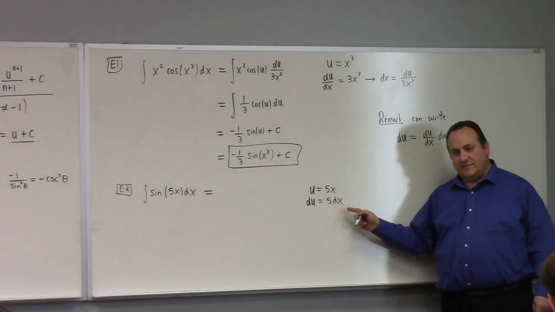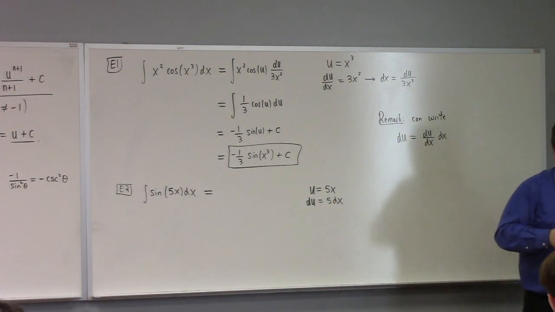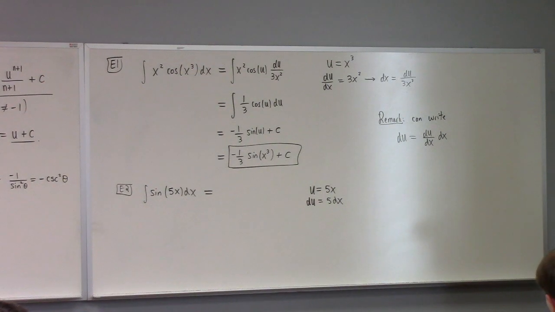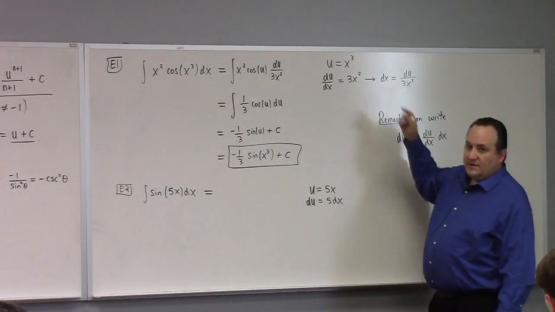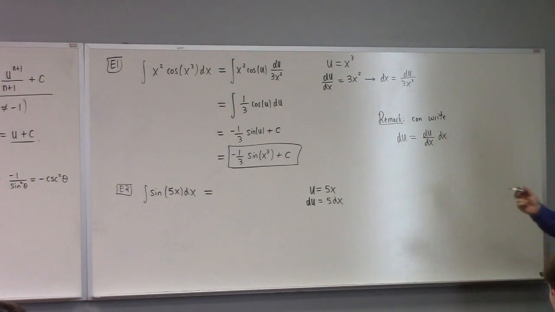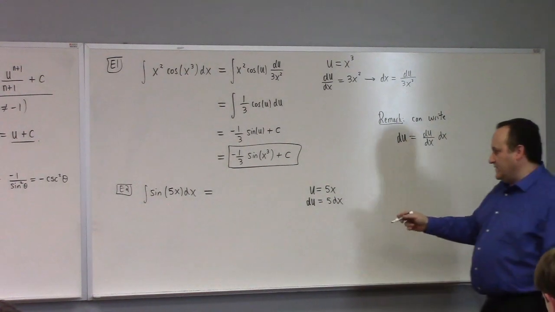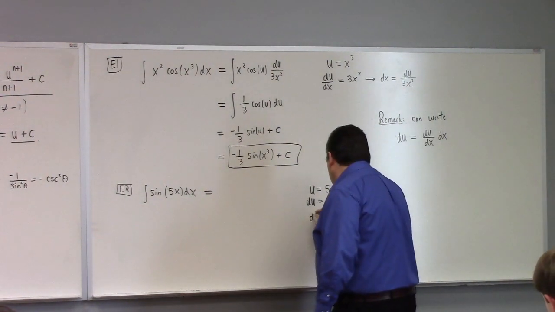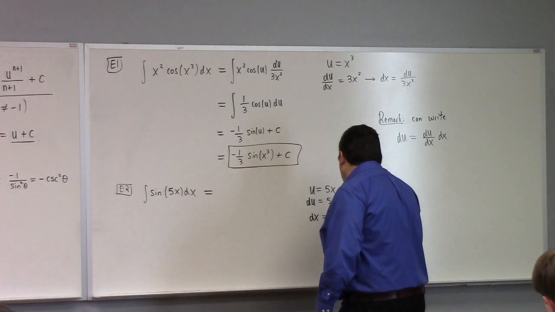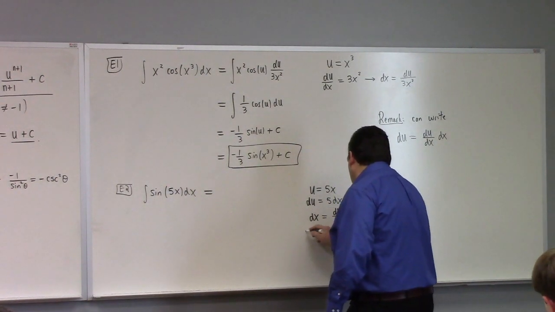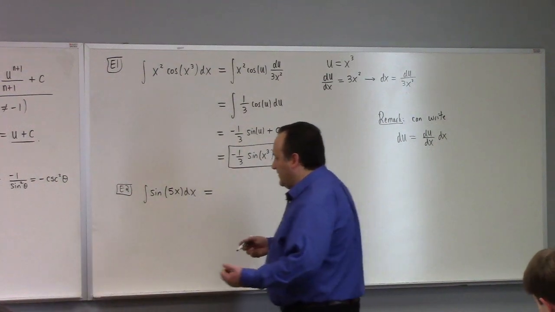Du equals derivative times dx. We could have done that up here too, you know. Du would have been 3x squared dx. But anyway, let's go on. So I solve for dx. At the moment, that's the way we're doing things. There are other ways; you can do the algebra other ways. But here we'll solve for dx. Solving for dx is a method we can use.